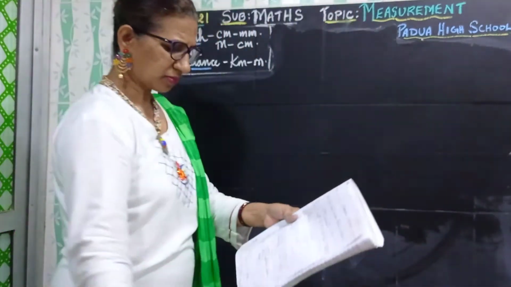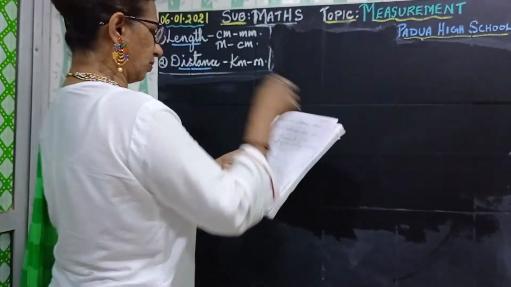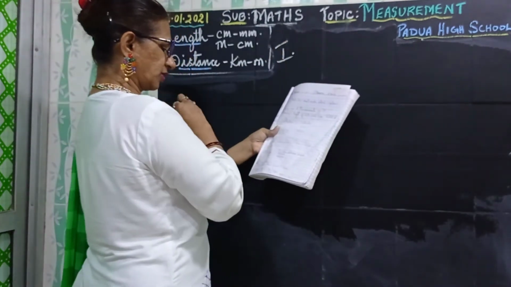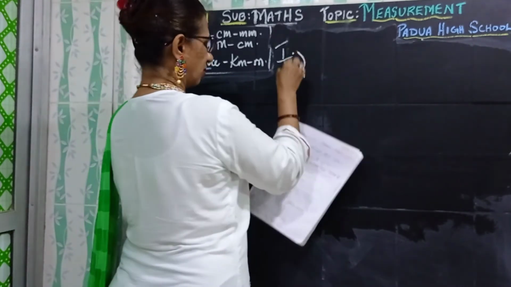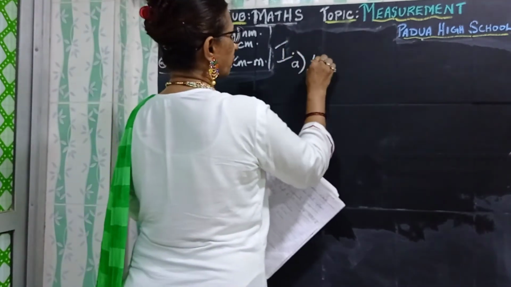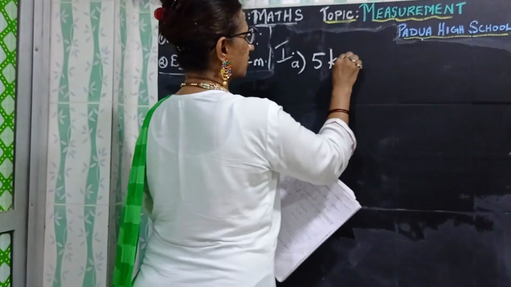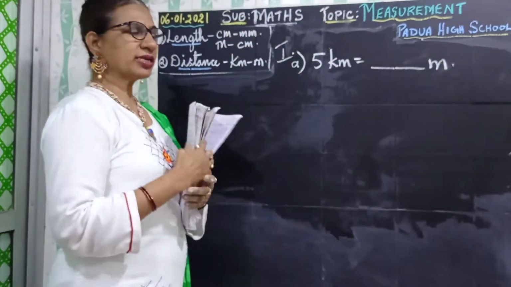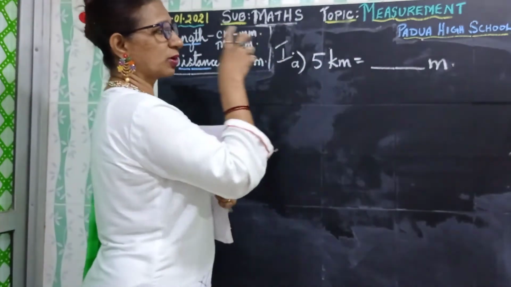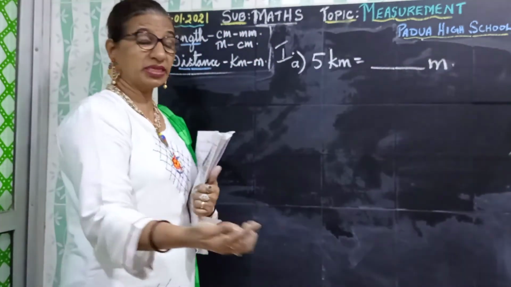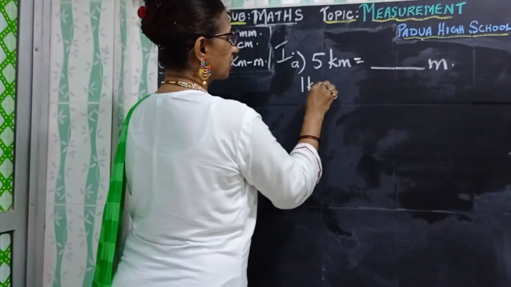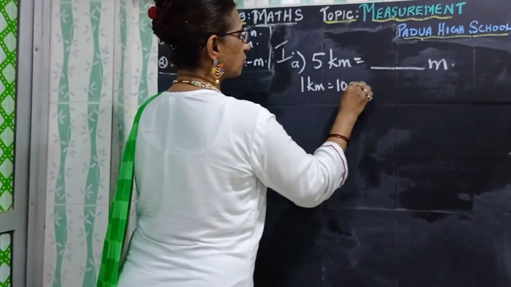So if we take the first exercise here. First sum: 5 kilometers is equal to dash meters. So what do we write? You have to remember that 1 kilometer is equal to 1000 meters. So we will write here 1 kilometer is equal to 1000 meters.